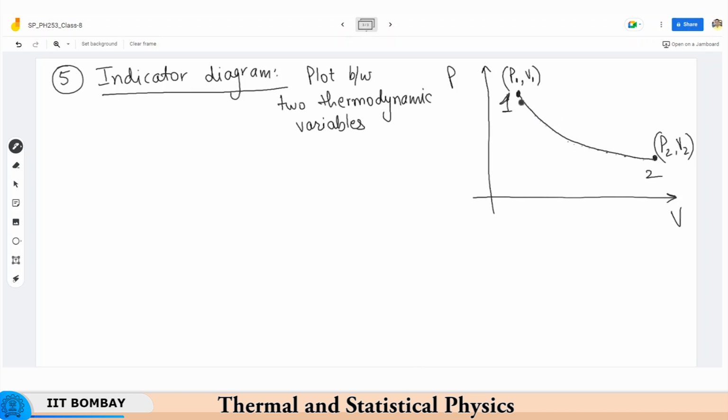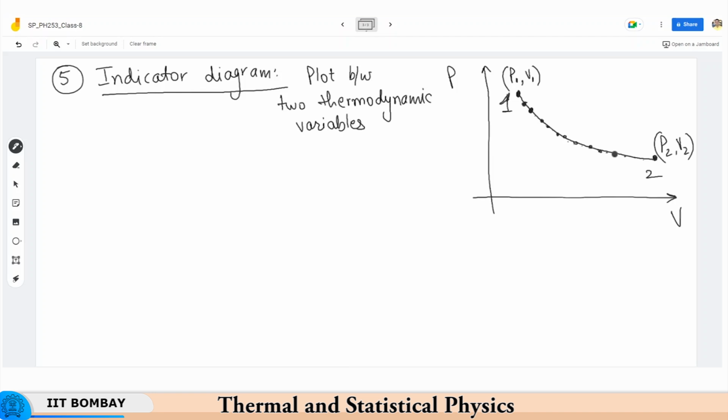Say I change the volume of my system. I start with state 1, I suddenly change the volume, and of course the pressure will also change. Say I am doing it at constant temperature, and I let this system evolve to another intermediate state and let it go to that equilibrium state. I wait long enough so that all the intermediate states are also in equilibrium.